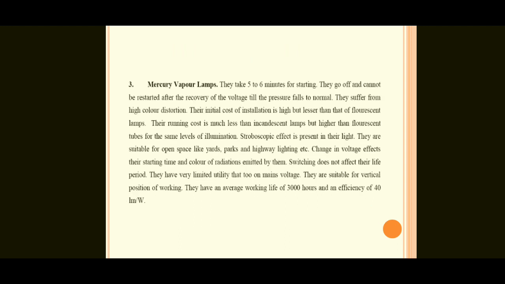Third one is mercury vapor lamp. In mercury vapor lamps, they take 5 to 6 minutes for starting.